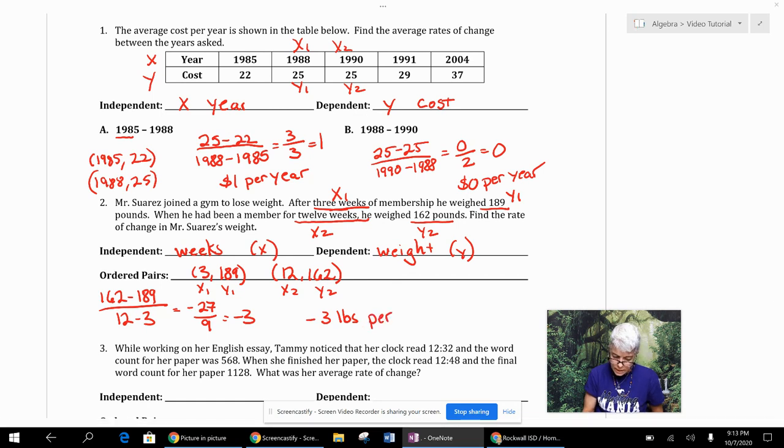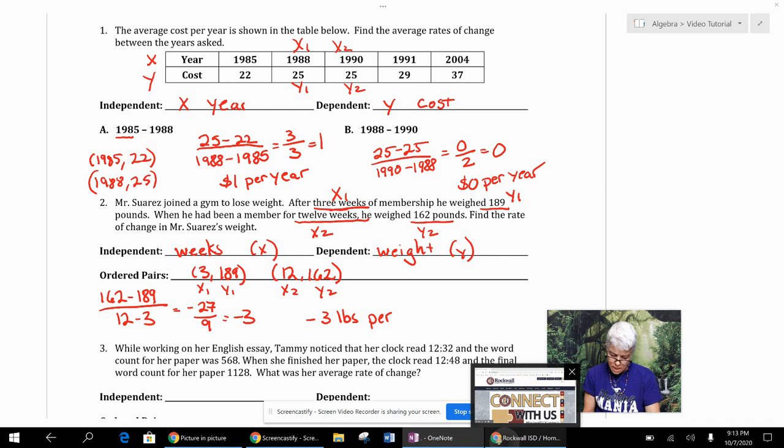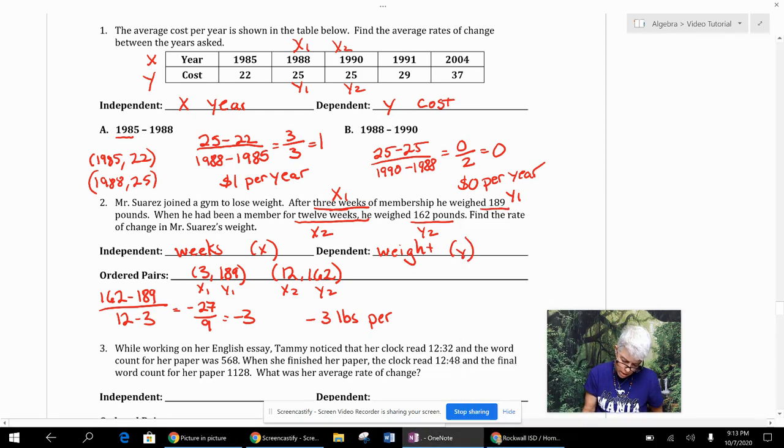Now, let's talk about that because I almost didn't put the negative there. So we need to talk about, what is going on here? We need to talk about the negative because you don't always have to write the negative. You always have to give some indication that it's in a decline or negative.